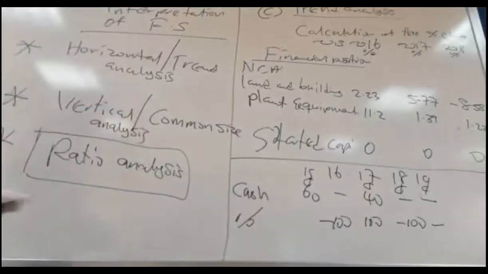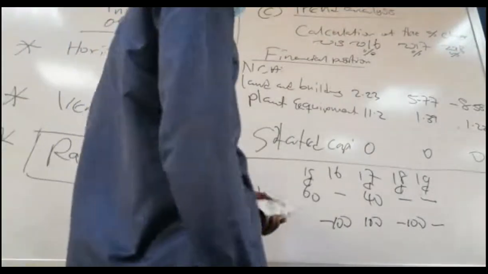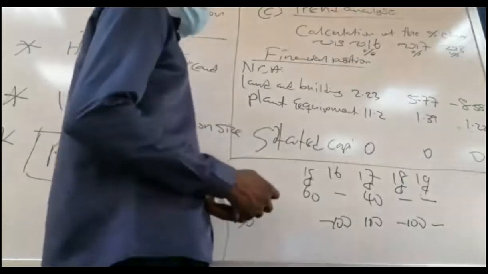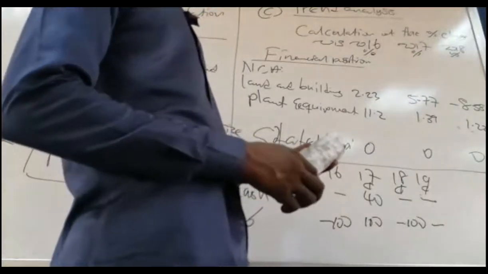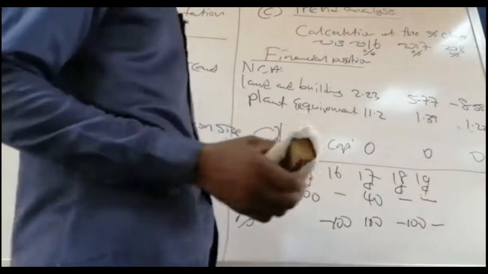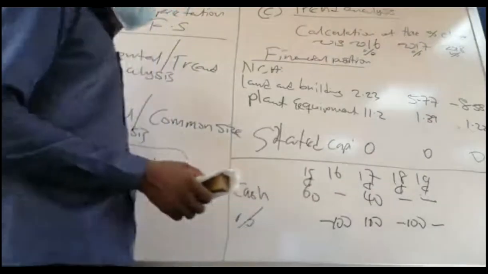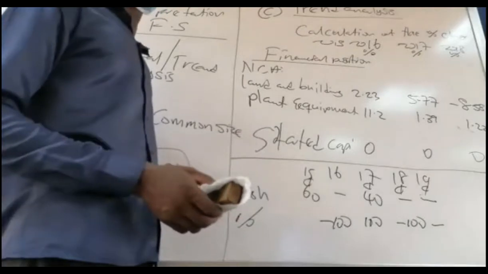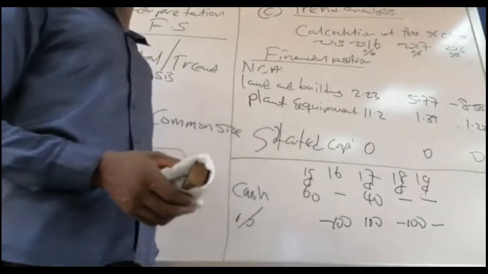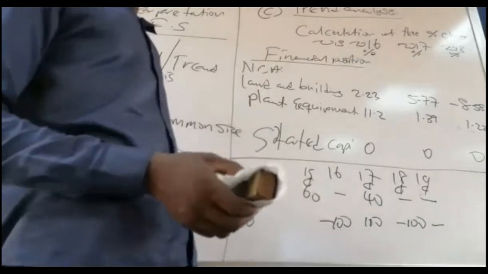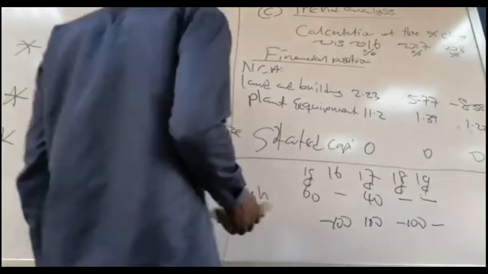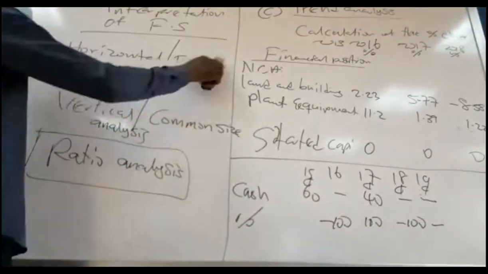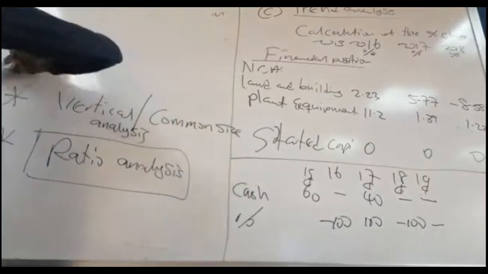I'll list them, then you start providing the report about them. You cannot talk about everything. But in calculation, you have to calculate everything. The calculation was done for everything, but writing the report or analysis is not about everything. So let's see, I'll clean this one and write the items there.